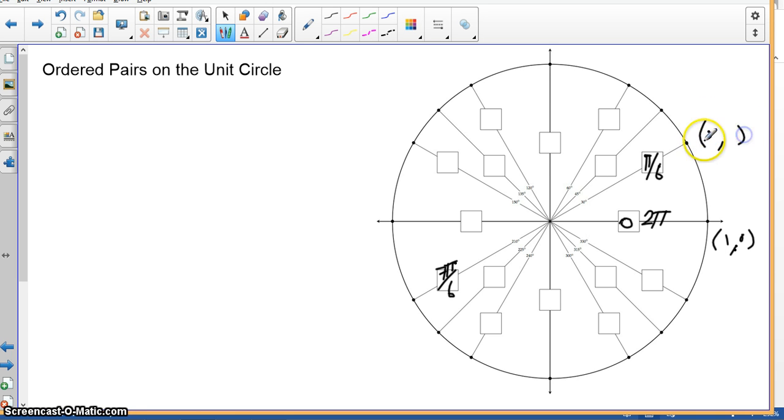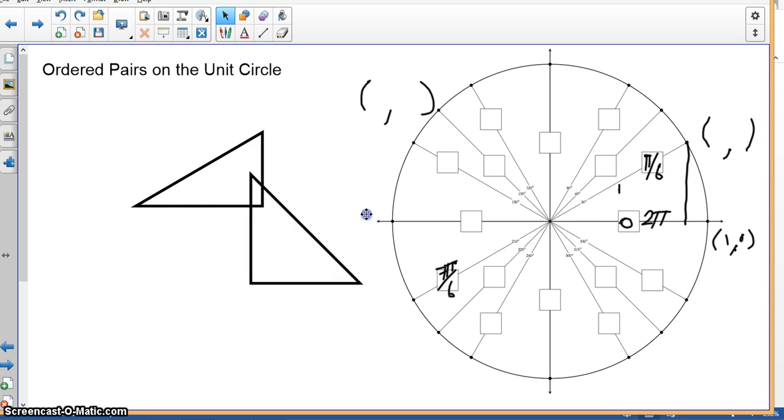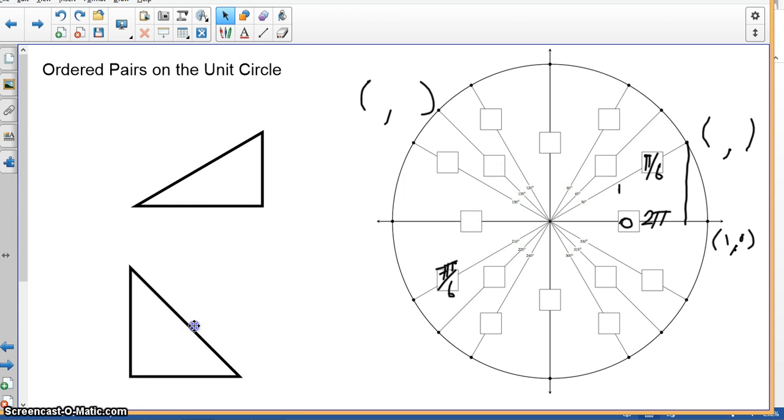Okay? This one. Well, oops. This is a 30-degree angle. So actually, let me pause it and make the triangle I want to use. I made a triangle that goes with this one, and I made a triangle for that one.